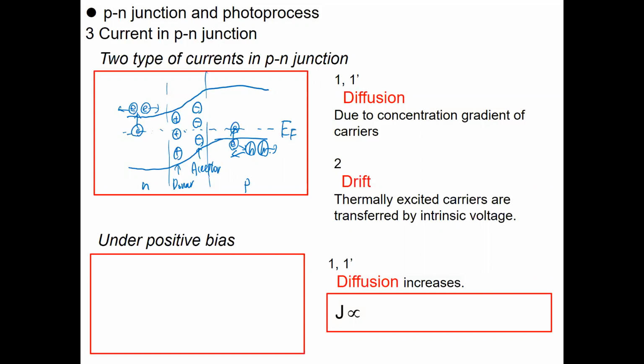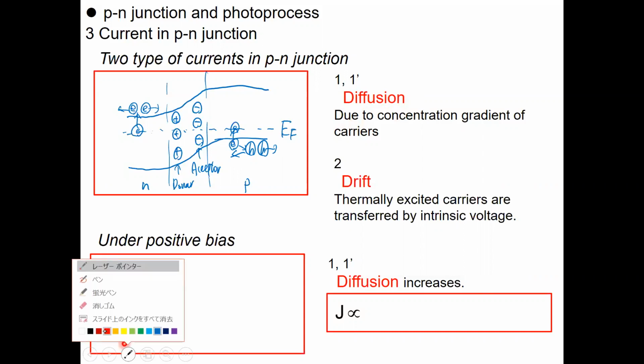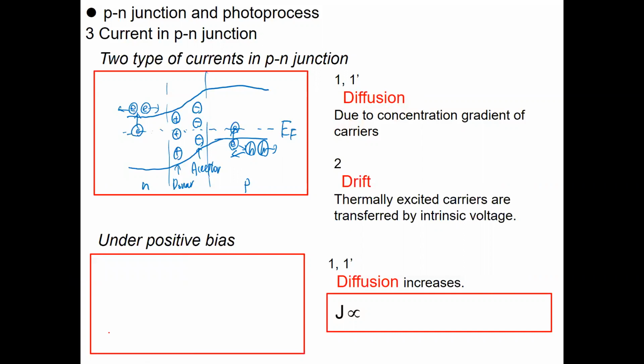As I mentioned, there are two types of the charge transfer process. One is diffusion, and the other is called drift. So what does it mean? The first process is diffusion. You can see that in the N-type side, there are more electrons, and here, more holes.